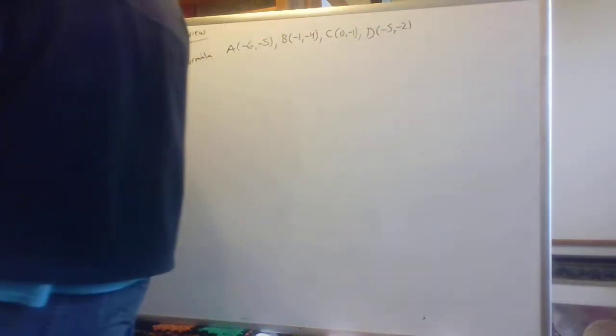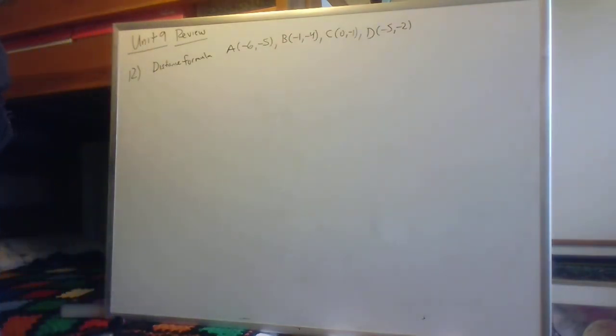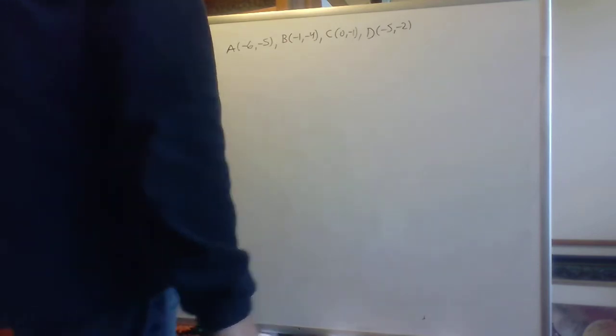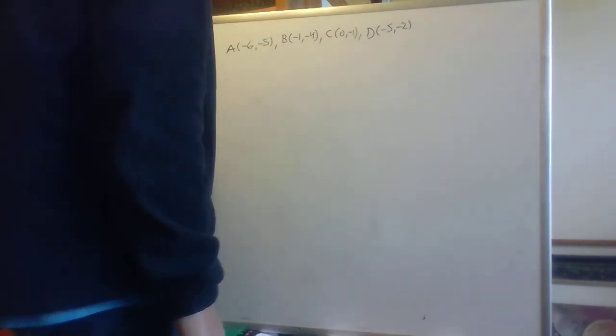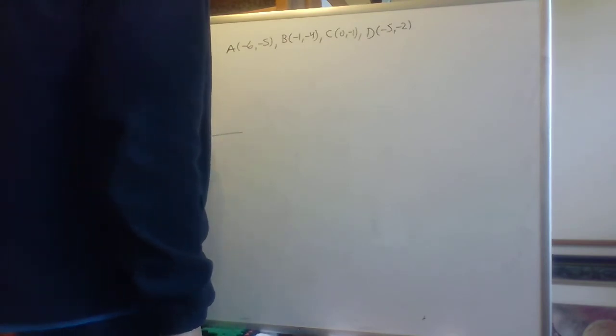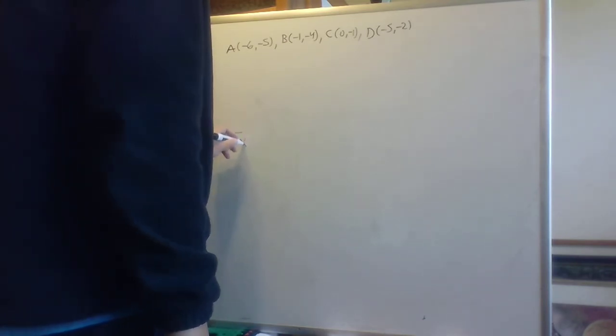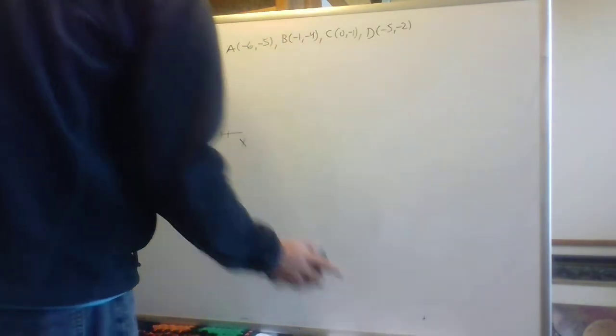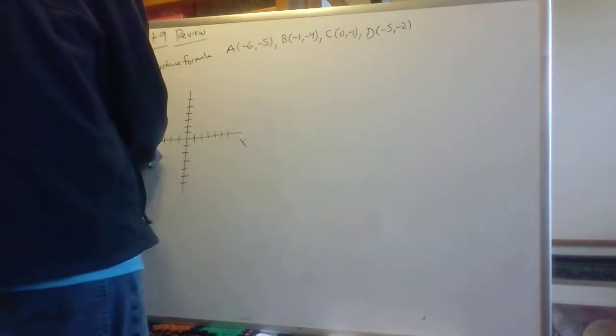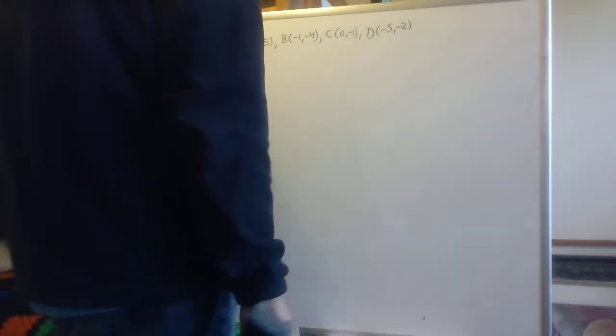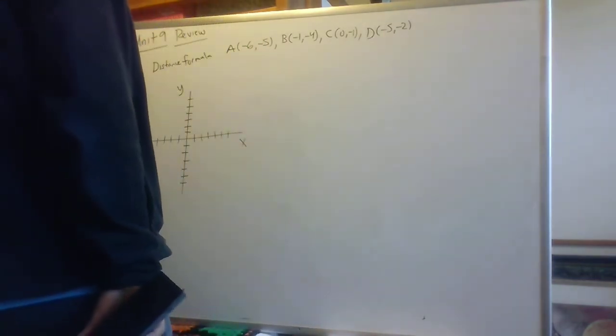So I am going to graph these vertices. So we have -6 and -5.